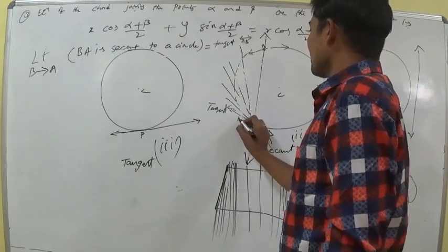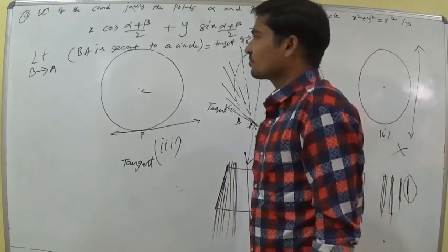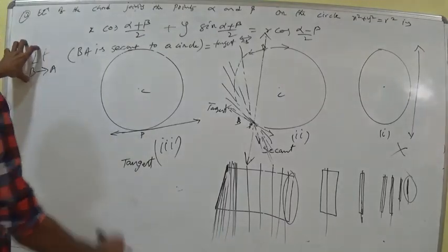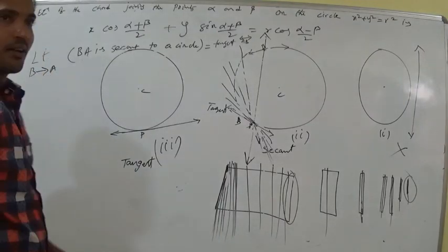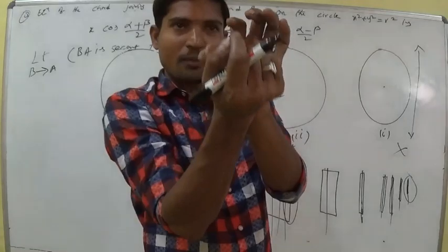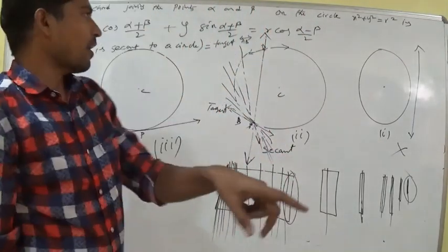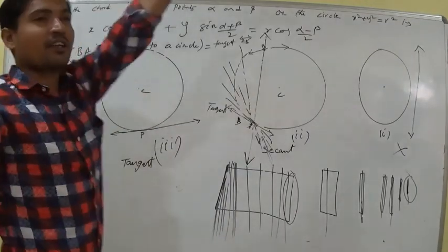Here the tangent is AB. Understand? Limit B tends to A. B is approaching A, then the secant becomes a tangent.